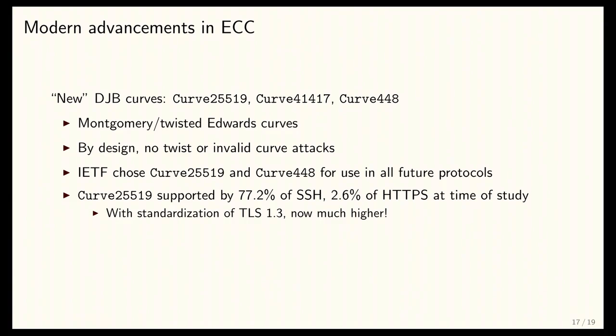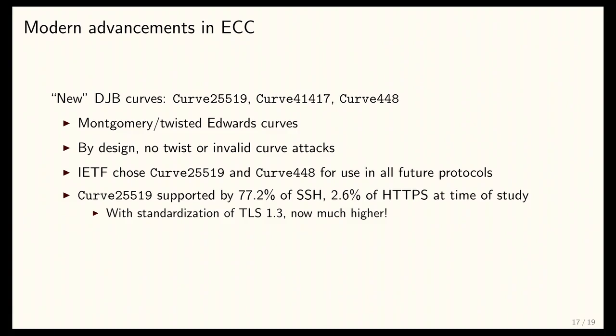Now you might ask why these protocols are designed in a way that makes it so easy for implementations to make mistakes like this. There's some good news here with these newly designed curves like Curve 25519 and Curve 448. They're actually designed in a way to avoid all of these twist and invalid curve attacks.